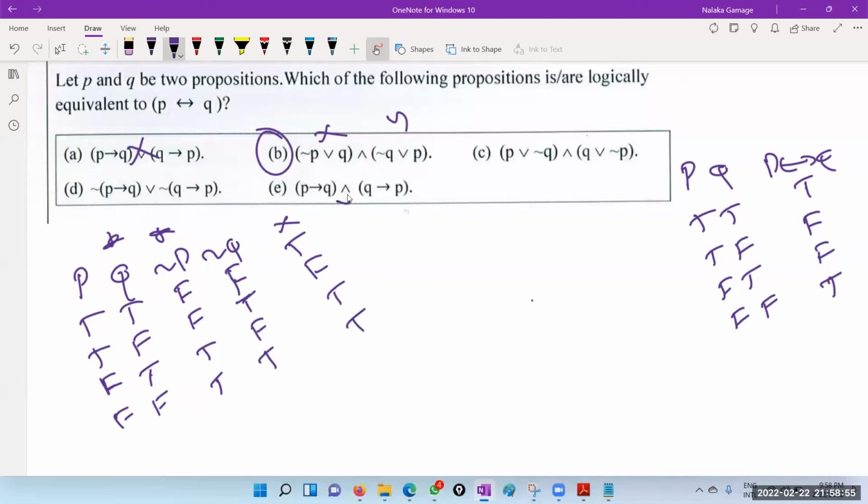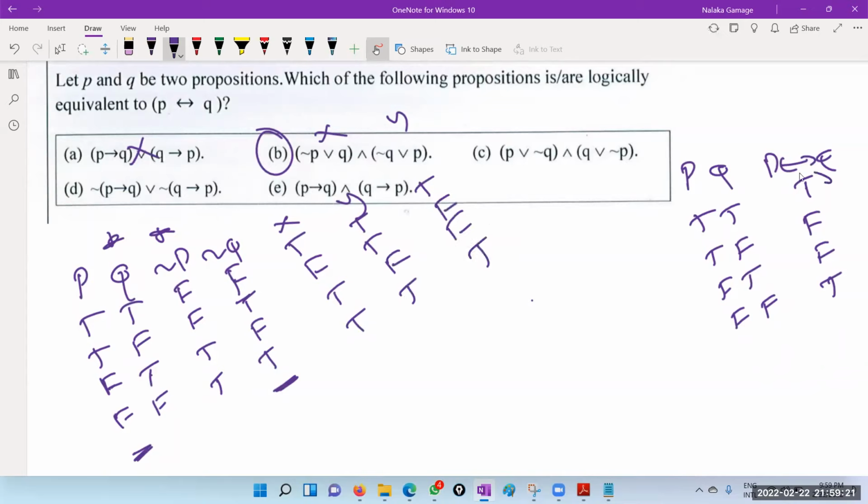Then my Y is not Q or P: true or false, true; true or true, true; false or false, false; false or true, true. Now I need the AND: true and true, true; false and true, false; true and false, false; true and true, true.